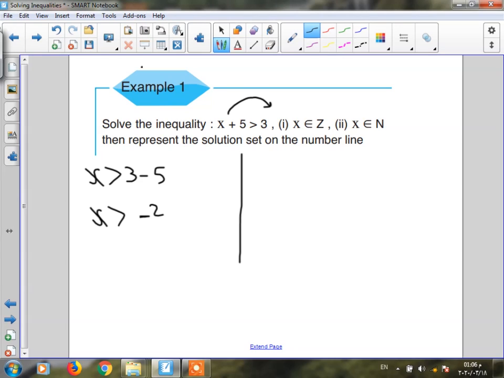Okay, what are the numbers more than negative 2 in Z? So we can say the solution set equals the numbers more than negative 2: negative 1, 0, 1, and so on.